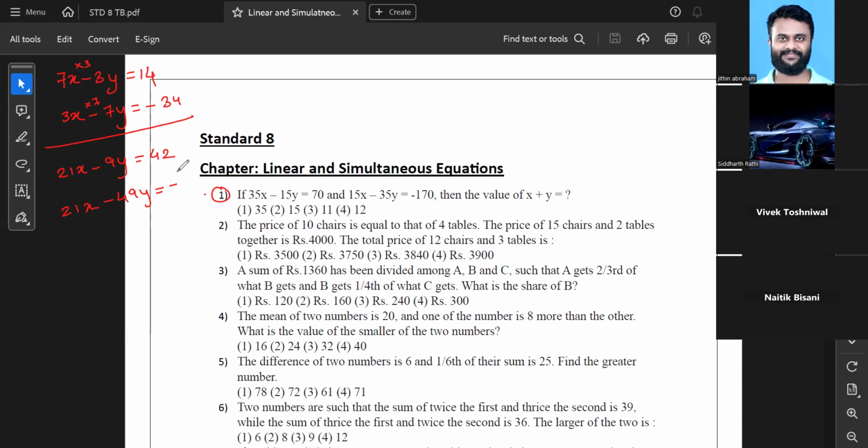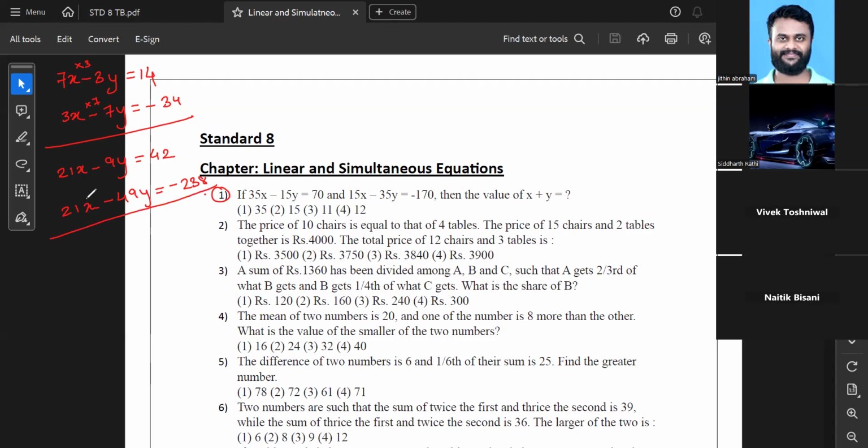I'm just thinking. Yeah, 238 sounds logical. Yep, correct. 238. So this is your equation.